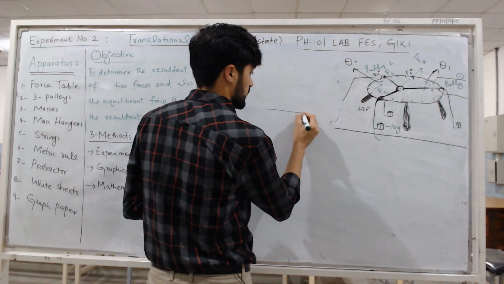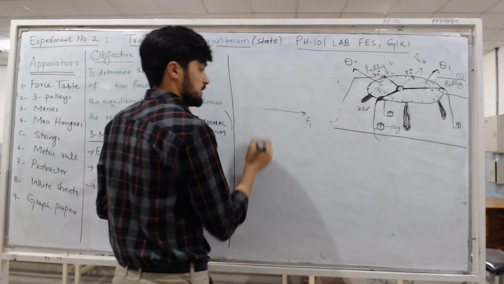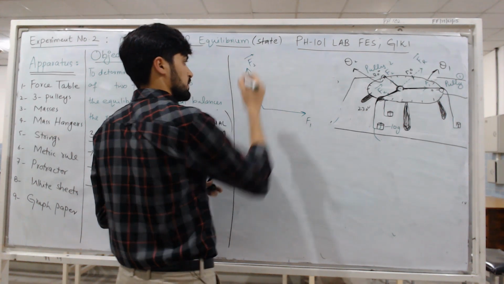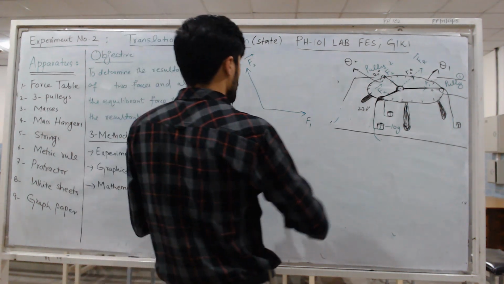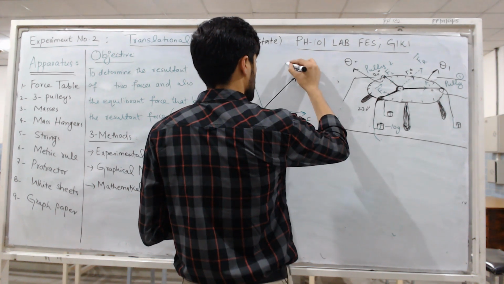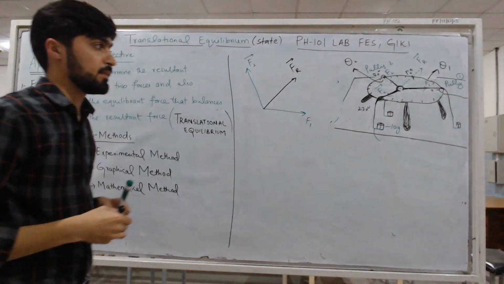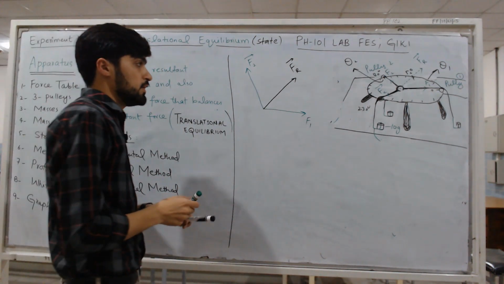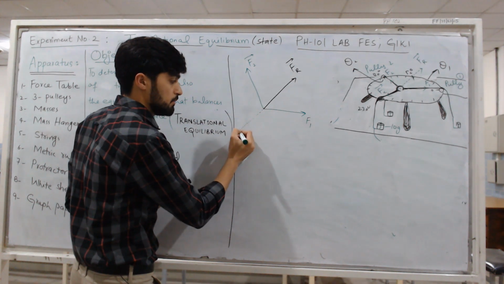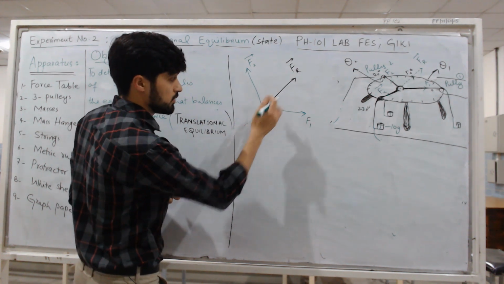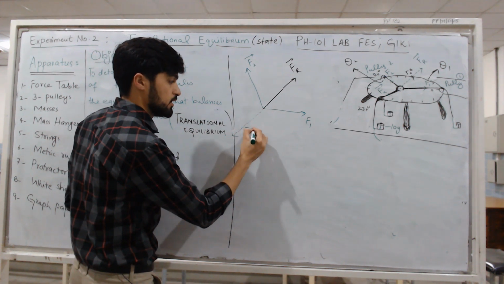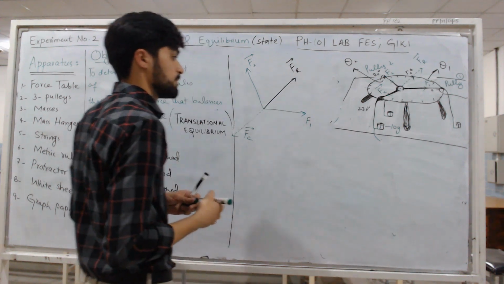Let's say this is your F1, and this is your F2, and this is your resultant force Fr. Now we know that there will be an equilibrium force exactly opposite to and equal in magnitude to this Fr. This is Fe, the equilibrium force, that is balancing this resultant force.